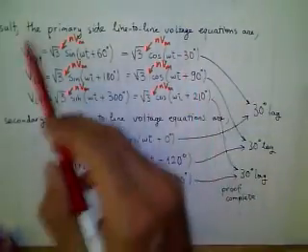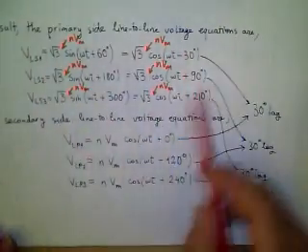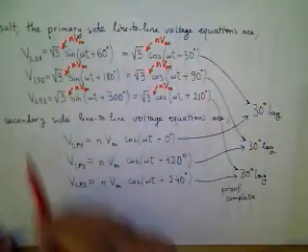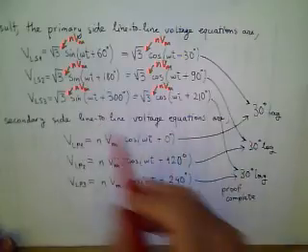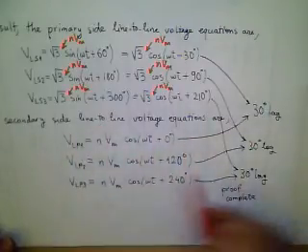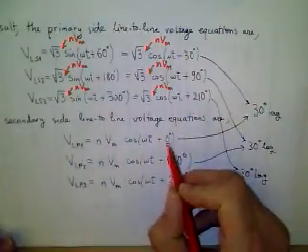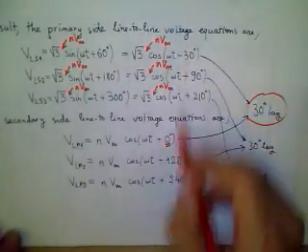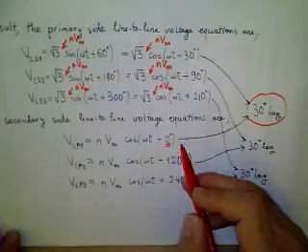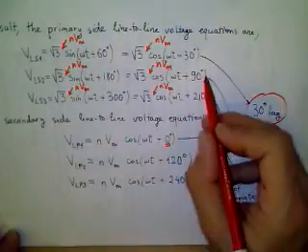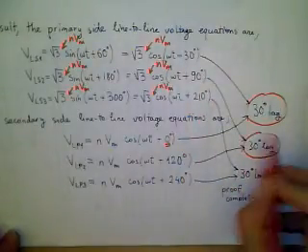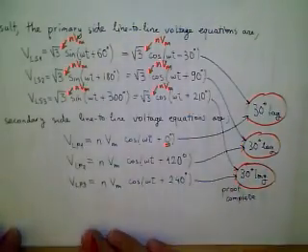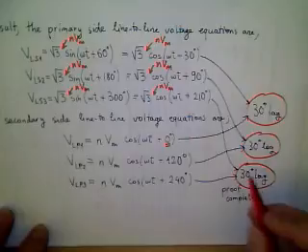The primary side line voltages are expressed in this 3-element set, and the secondary side line-to-line voltages are expressed in this 3-element set. You see that the angle separation corresponding to the same phase is 30 degrees, and similarly for all voltage pairs the separation is 30 degrees.